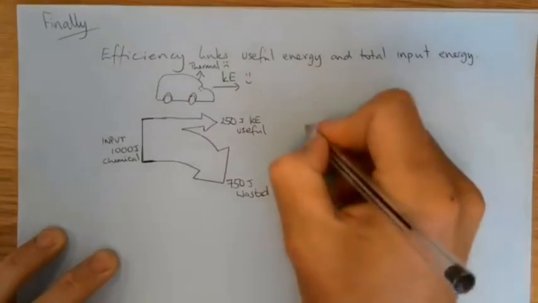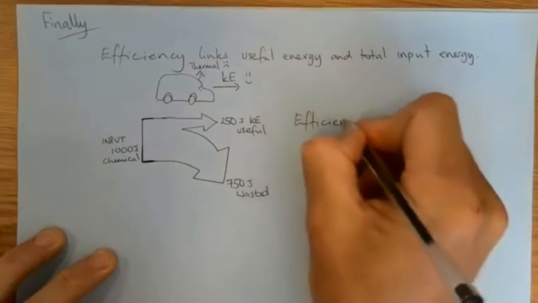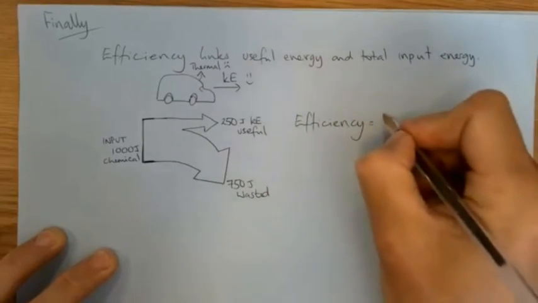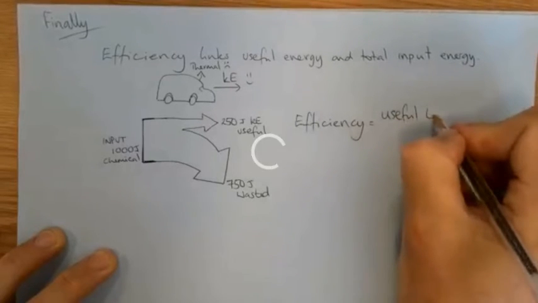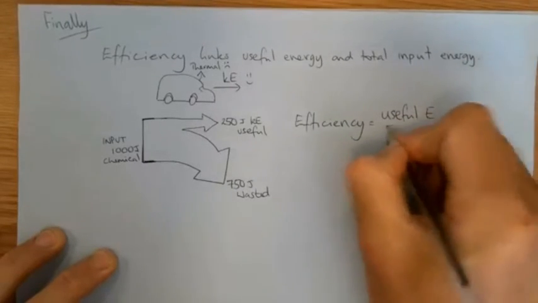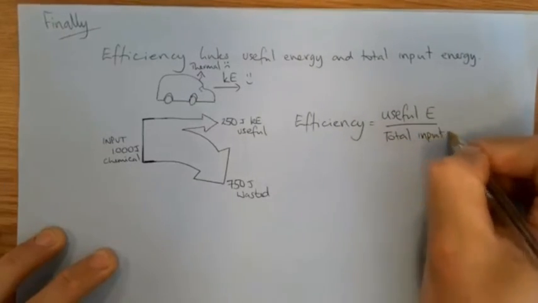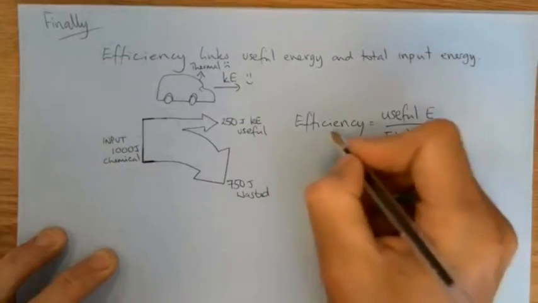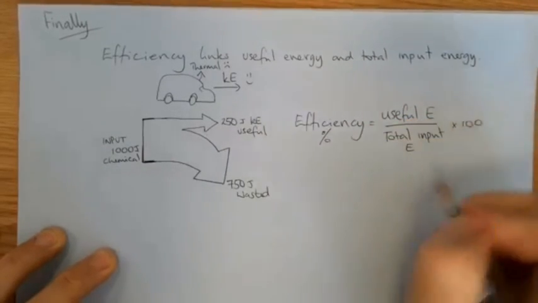The efficiency, so the equation that links this, is really easy. It's useful energy divided by total input energy. And then if you want that as a percentage, then you multiply by 100.